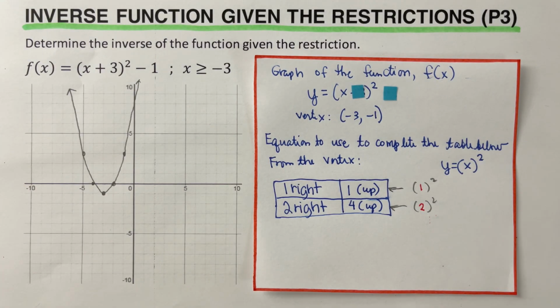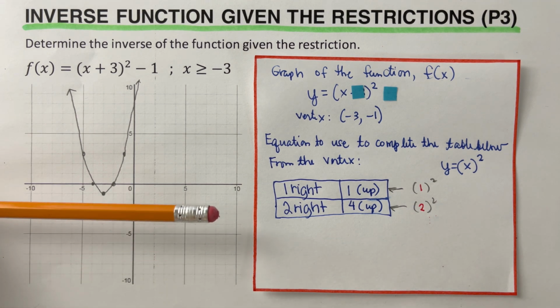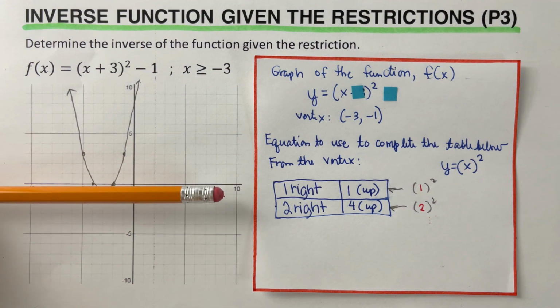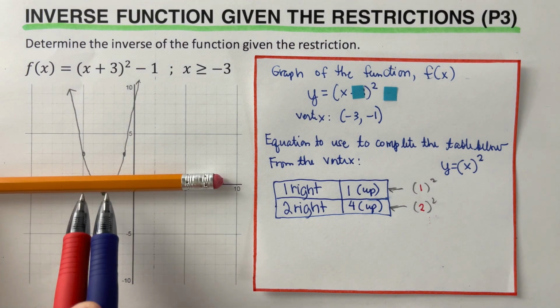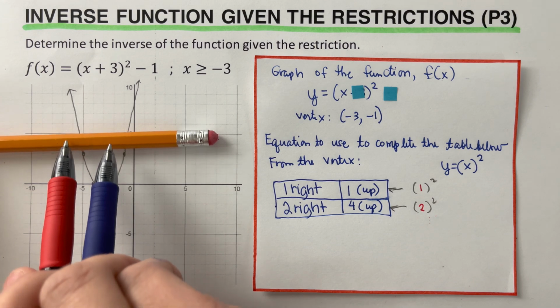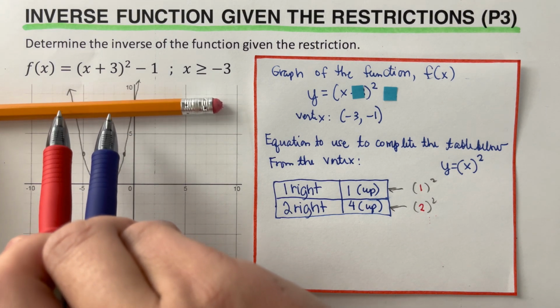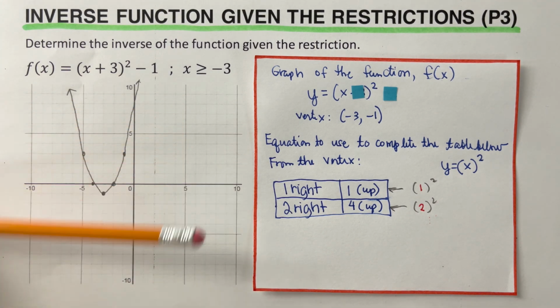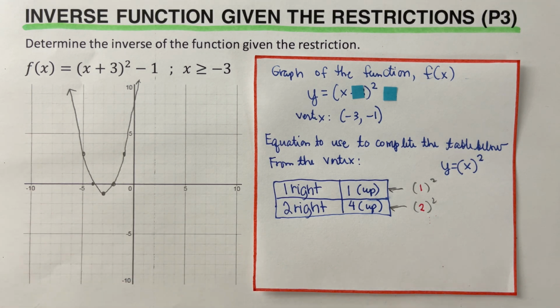Now, looking at this, we can tell that this is not a one-to-one function, because if we use the horizontal line test using the pencil, you can see that this graph is touching the pencil twice, at 2 points. That means this is not a one-to-one function, and so it does not have an inverse function. That is the reason why we have this restriction right here.